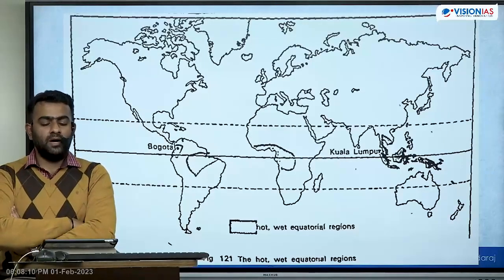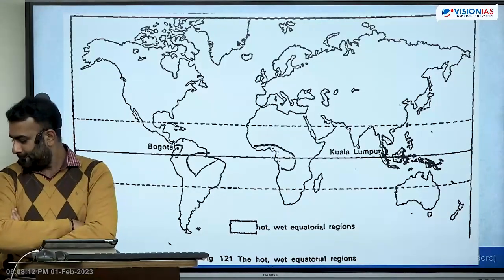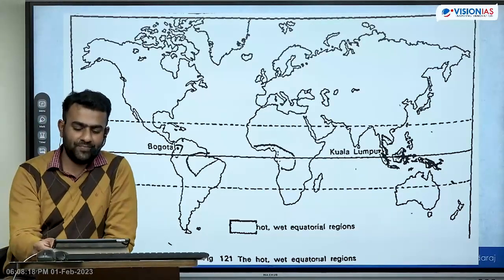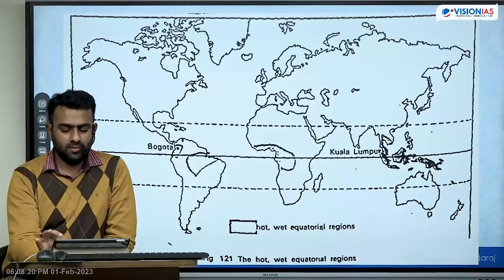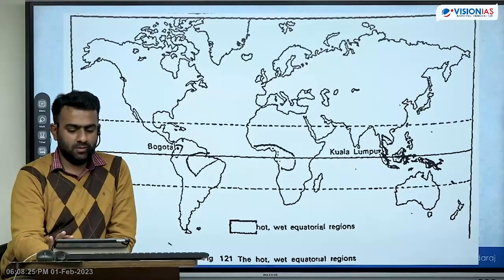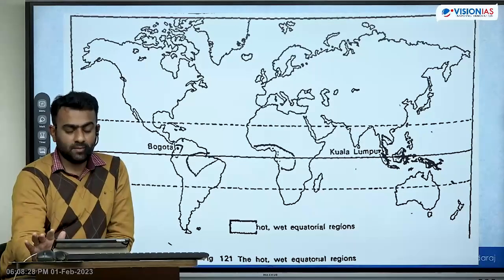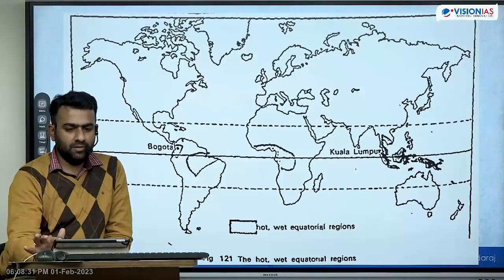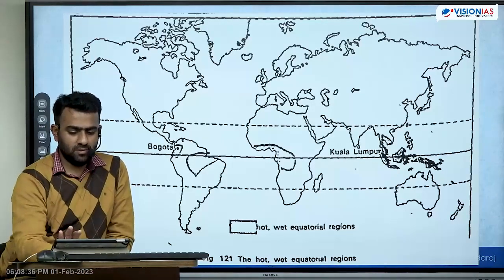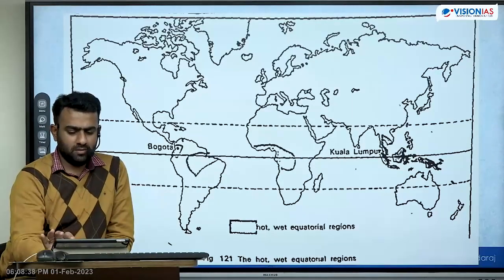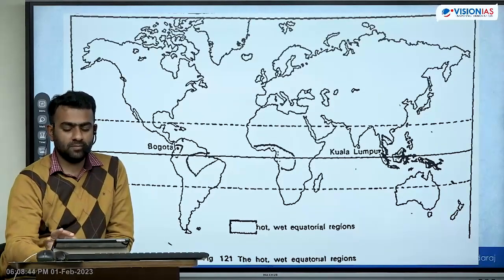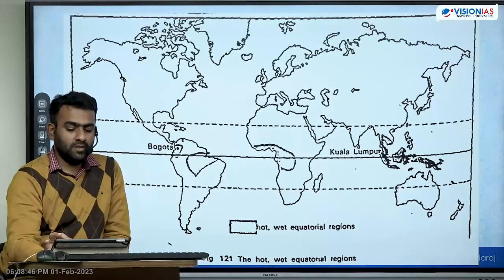First point, high temperature throughout the year. Next point, daily maximum temperature is 30 degrees and daily minimum is 20 degrees.